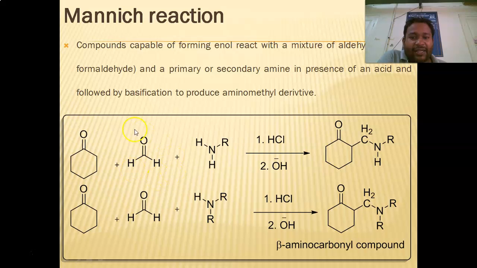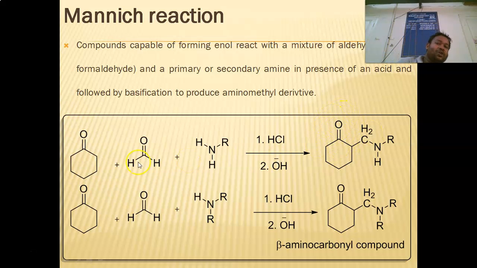Formaldehyde is taken here, and you can take the primary amine or the secondary amine. In the presence of HCl, it gives rise to the corresponding beta amino carbonyl compound. This is the functional group: alpha beta amino carbonyl compound.